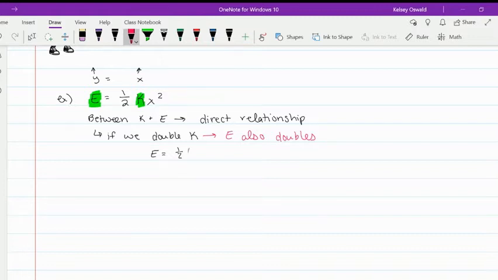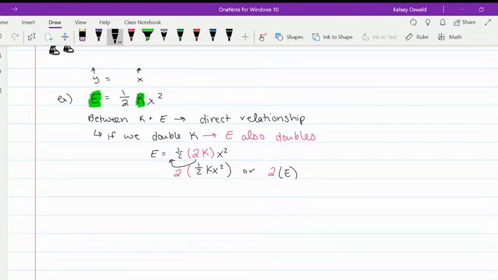So if we double k, it's really like we now have 2k in our expression. If we pull that multiplier out to the front, we're going to see that we have 2 times our initial 1/2 kx squared, or 2 times our initial value for e.